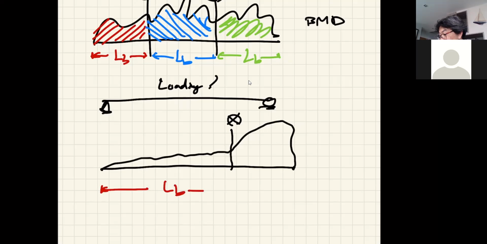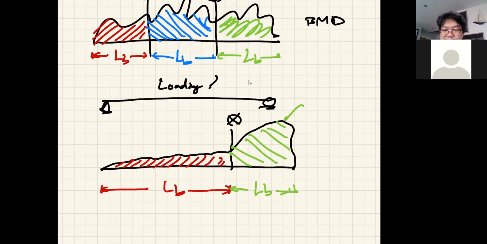This is your LB, longer unbraced length with lower moment. So you can investigate your moment capacity here with CB calculated from this LB, and then another one here. Higher moment, but shorter unbraced length, like that. All right.